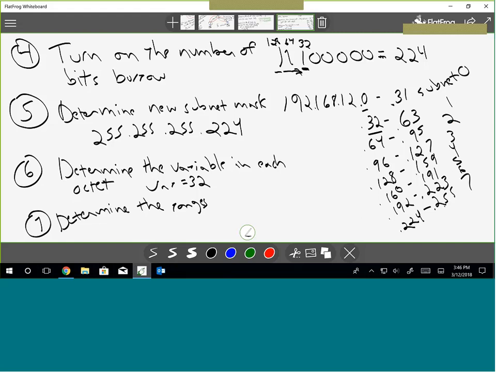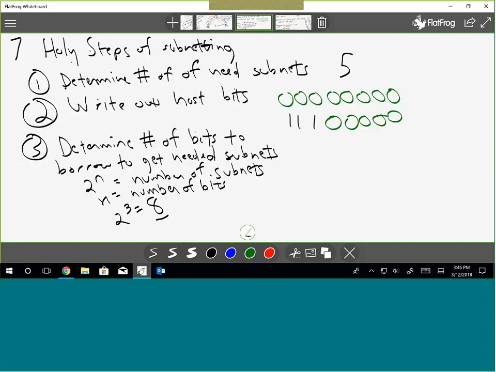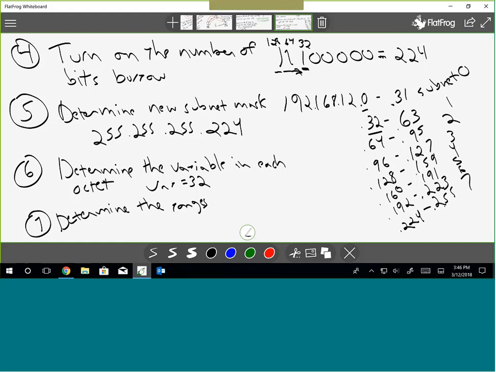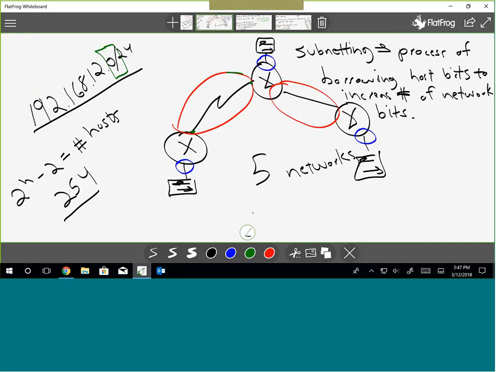So folks, this is taking a single Class C network, 192.168.12.0/24, and subnetting it so that it will fit this diagram. And now we can come back over here and actually use these subnets. Right here, I'm going to use 192.168.12.1.